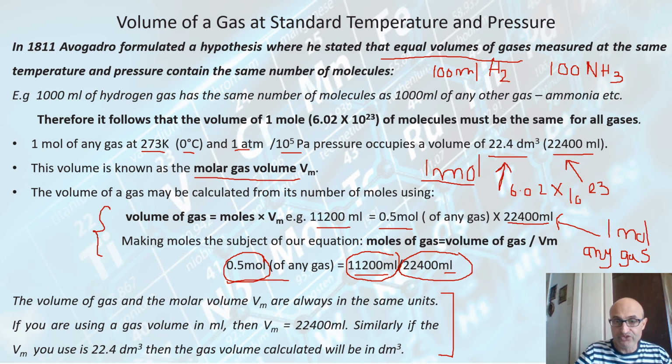Likewise, if you are using decimeters cubed or liters in your denominator, then you should use decimeters cubed also in your numerator. Make sure that you use the same unit throughout. I strongly suggest that you review this slide after having seen the next one, because all I've said here will be so much clearer after you've seen an actual worked example.